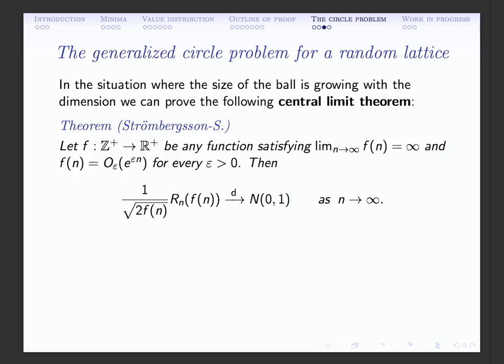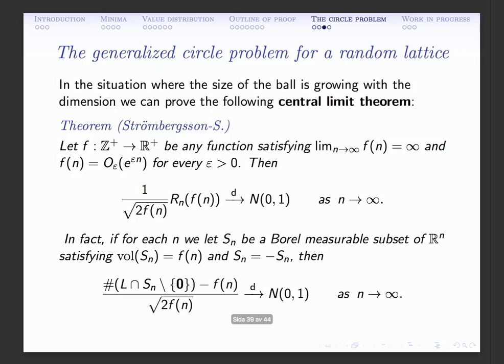And when we found this result, there are many questions one can be curious about related to this. And one of the things that I want to tell you about is that this result has nothing to do with counting in Euclidean balls. So you can take essentially any set that is symmetric about the origin of the same volume as before. So if I take Sn to be a Borel set of the same volume as the balls in the first part of the theorem, and the set has to be symmetric about the origin, then the same central limit theorem result holds.